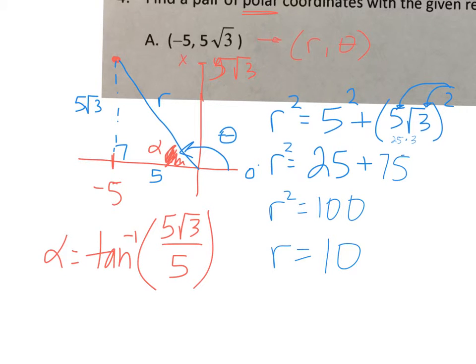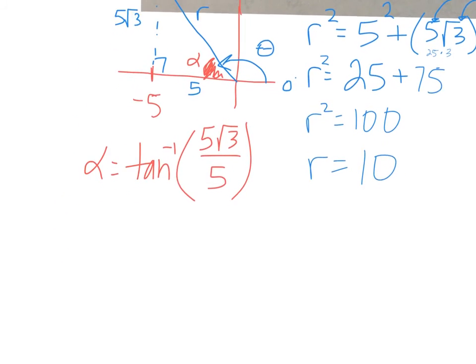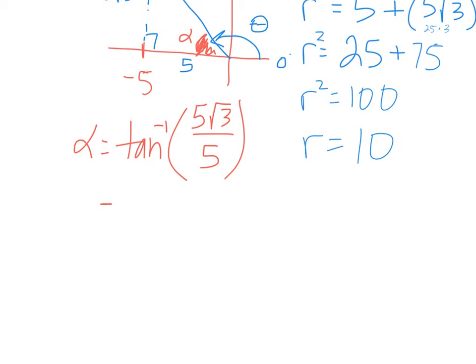Just make them positive, and you can do the math later, but just make them all positive and your calculator won't ever mess you up. So if we take the inverse tangent of 5 roots of 3 over 5, hopefully we find that this is a 60 degree angle. So this angle right here is 60 degrees.